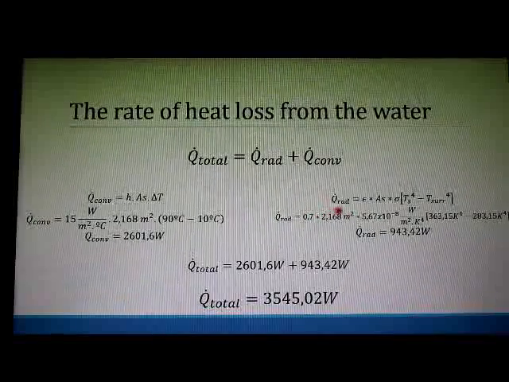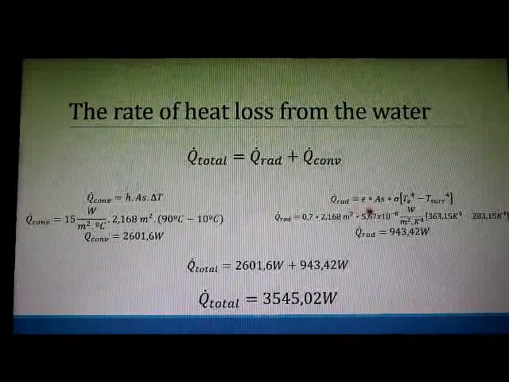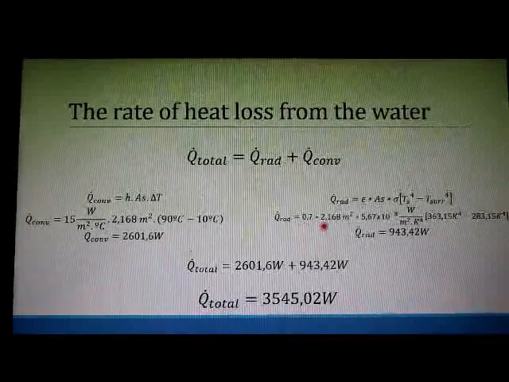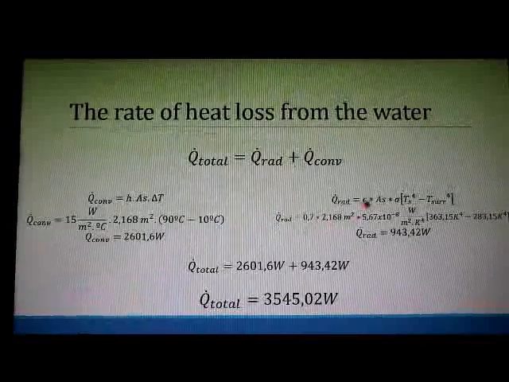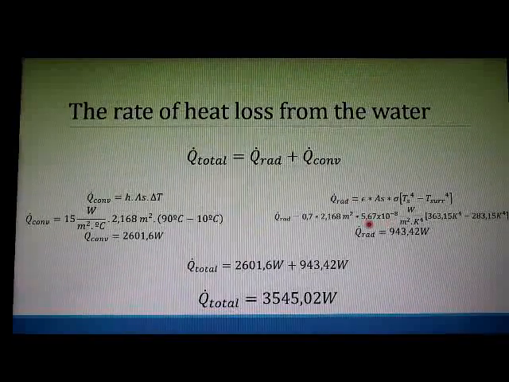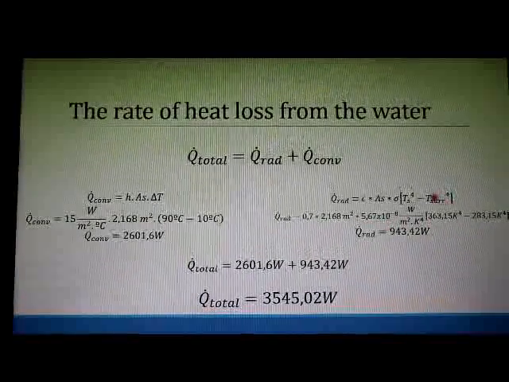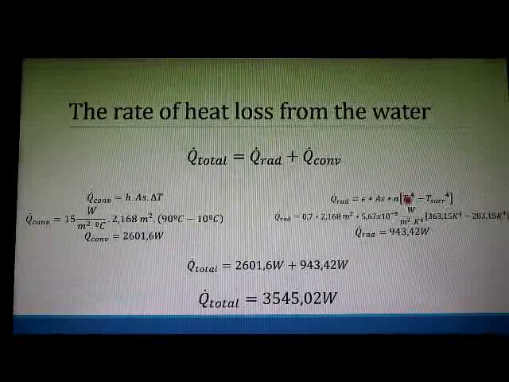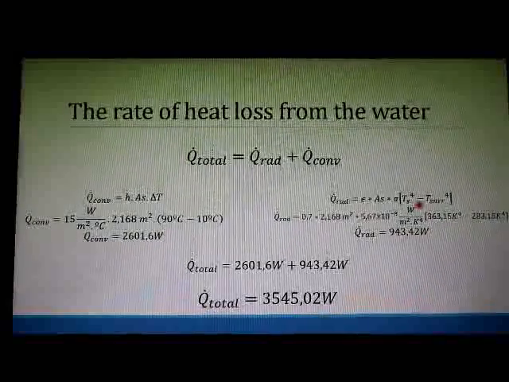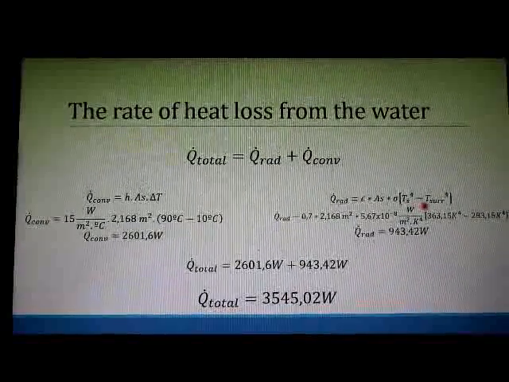Okay, now we know all this data. To replace it in the equation: 0.7 times 2.168, that is the surface area, times the constant, that is 5.67 times 10 to the minus 8, and the difference of these temperatures to the fourth power, which have to be in Kelvin, that is temperature of the surface minus temperature of the surroundings.